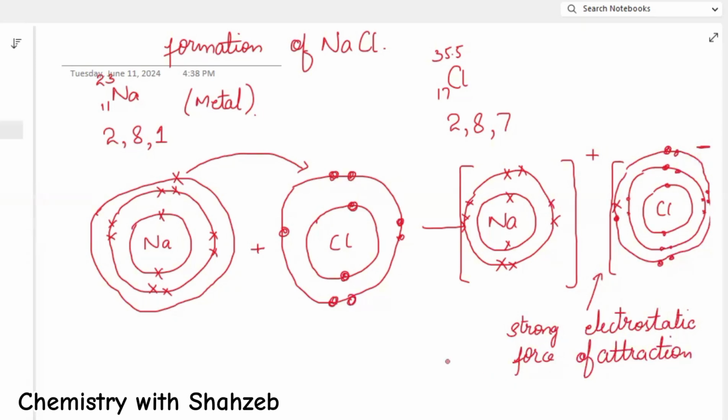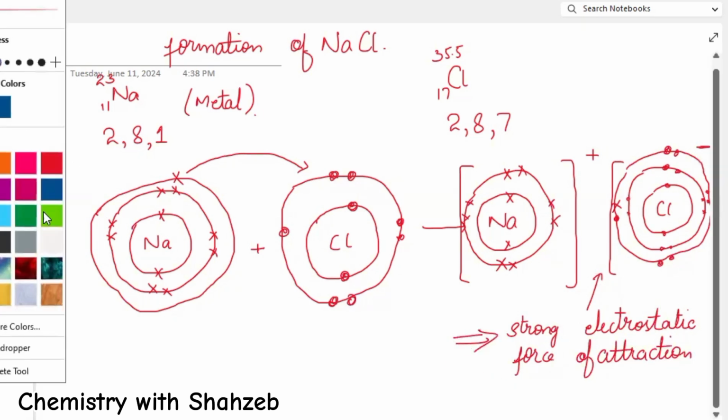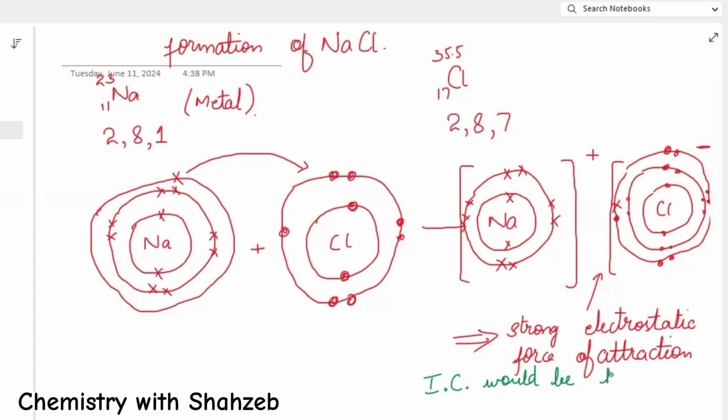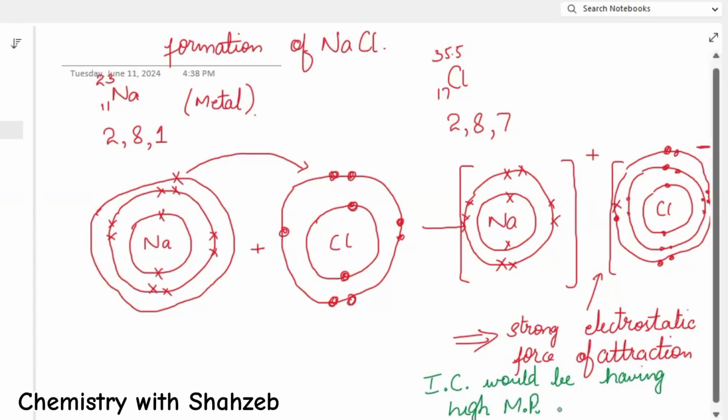And that is why, remember boys, a very important point I want to highlight: because of the strong electrostatic force of attraction, ionic compounds would have a high melting point and boiling point.